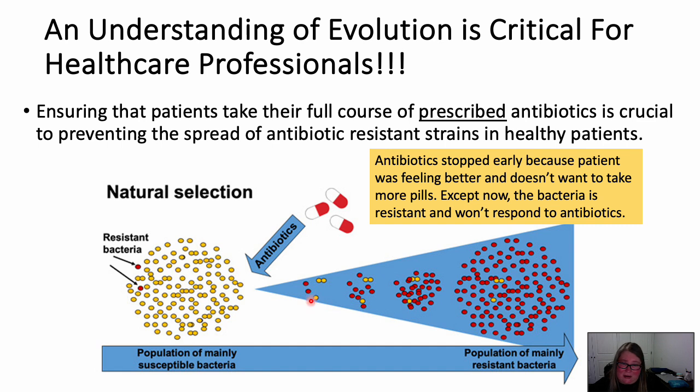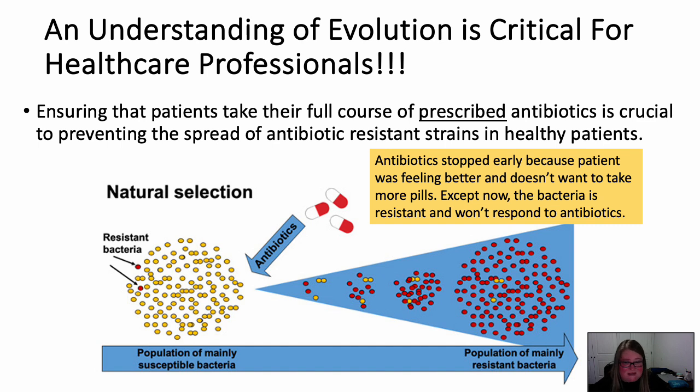Well, they're no longer taking the antibiotics, so it's no longer suppressing the bacterial population. So the bacterial populations are going to be able to reproduce. They're going to be able to go through binary fission. So what we're going to see with every generation that goes by, we're going to get more and more of these resistant bacteria. Okay, well, at some point, we're going to have a large population of these resistant bacteria.